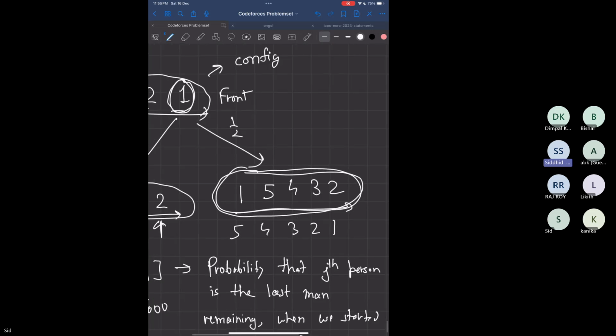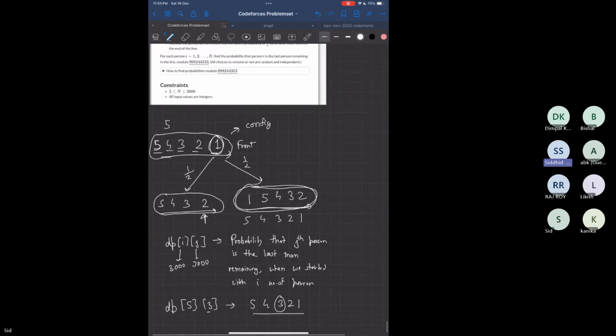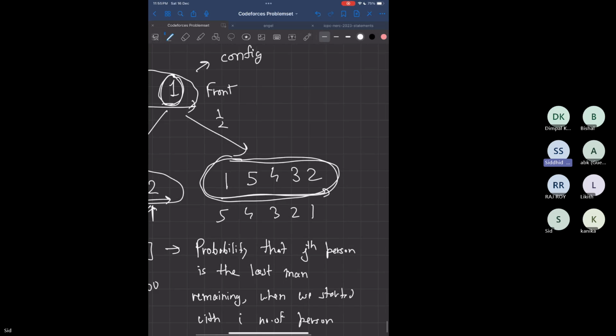If we know this, then in this case, what is the probability of one staying at last? That is the same as the probability of 5 in the initial configuration. This is something to understand. Basically, whenever one moves to the back, how much probability does it have to stay at the last?